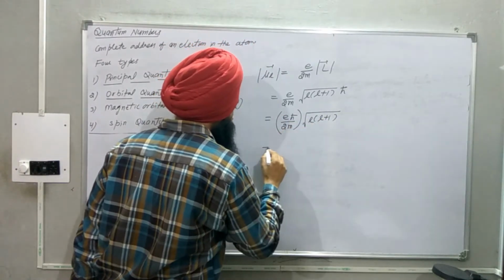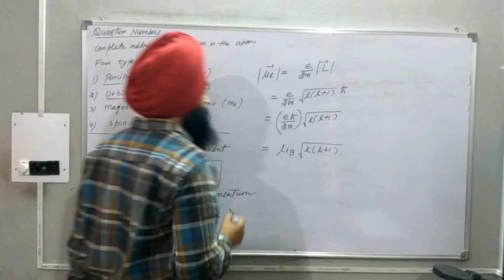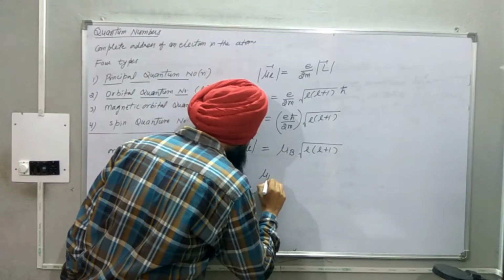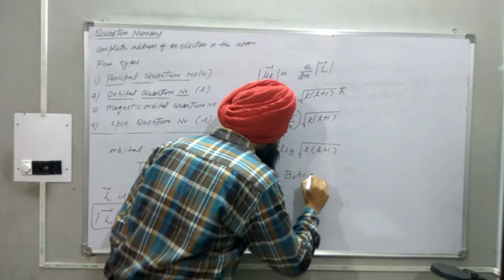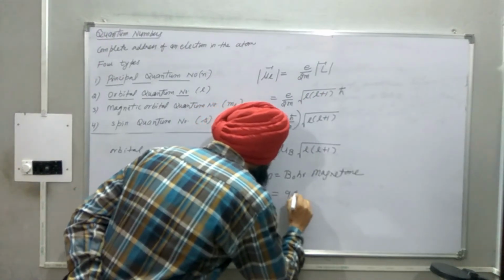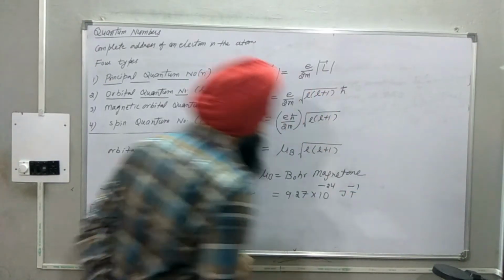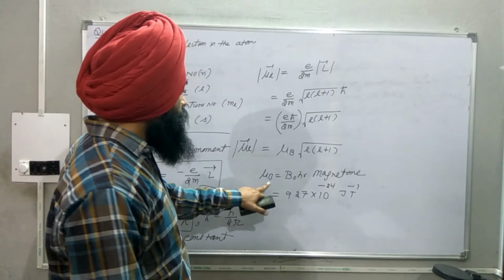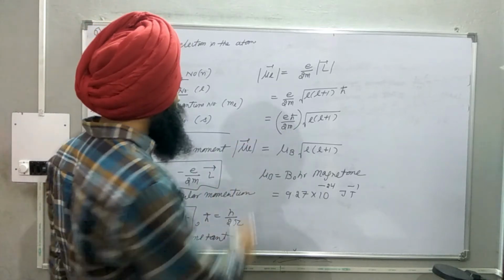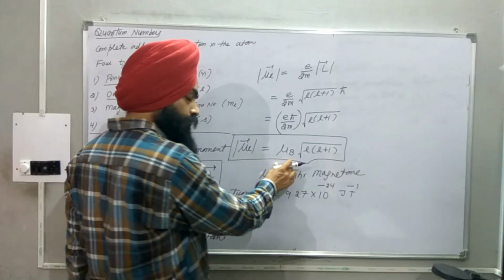This thing is combined and it is called mu B. This mu B is Bohr magneton. Its value is 9.27 into 10 power minus 24 joule per Tesla. Its value is e h cut upon 2m, and the magnitude of mu L is equal to mu B into square root of L into L plus 1. You have to remember this formula also. We will use it further.